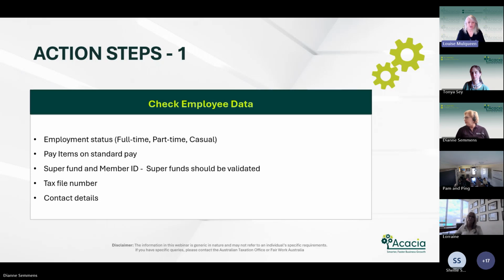We have numerous phone calls during the year where people have suddenly started using batching superannuation across to a clearinghouse with an imported CSV file or SAF file, and suddenly we find out that the super fund we've got on our payroll is not the same as what we've been manually entering in the super clearinghouse. So making sure that our payroll system is up to date and using validated super funds is extremely important. Tax file numbers and contact details, of course, should also be cross-checked.